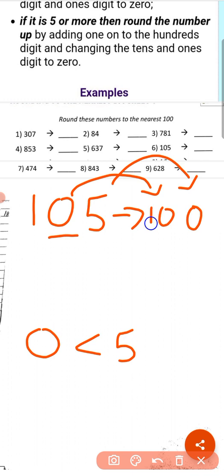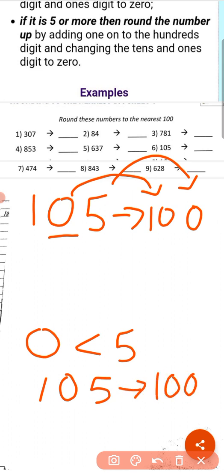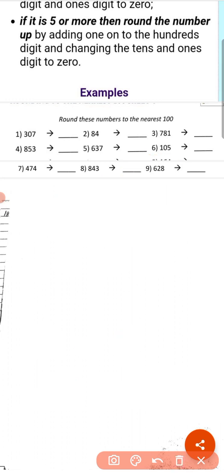Then write the digit at the hundreds place. So 105 becomes 100. Here the digit at the tens place is 0, which is less than 5. So we change the ones place and tens place to zeros and write the hundreds place. Don't change the digit at the hundreds place.